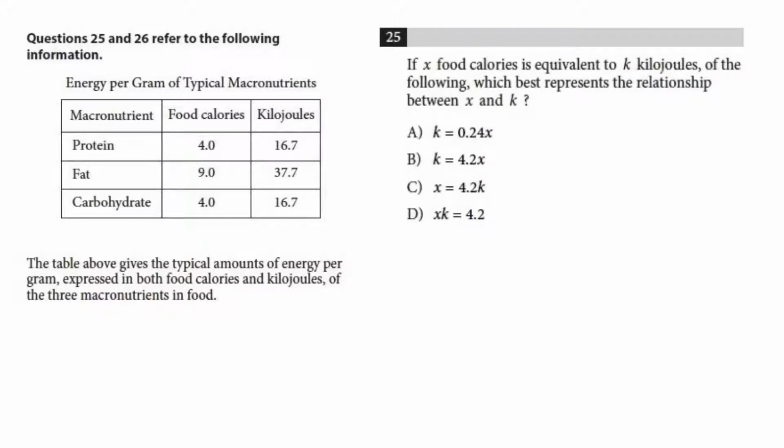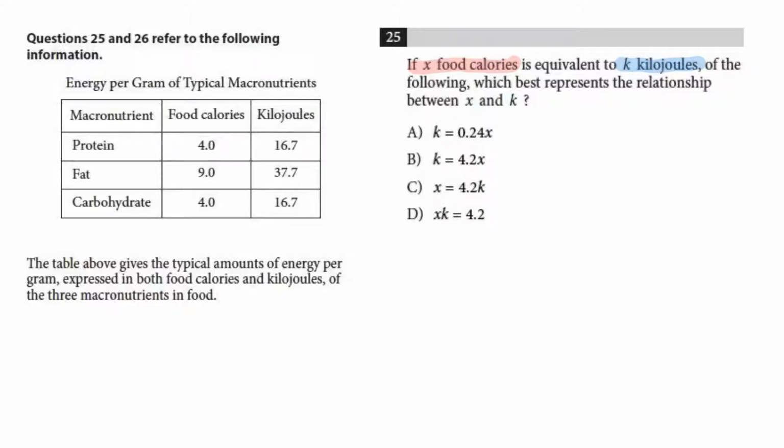If X food calories is equivalent to K kilojoules, which of the following best represents the relationship between X and K? So X is food calories, and K is kilojoules.